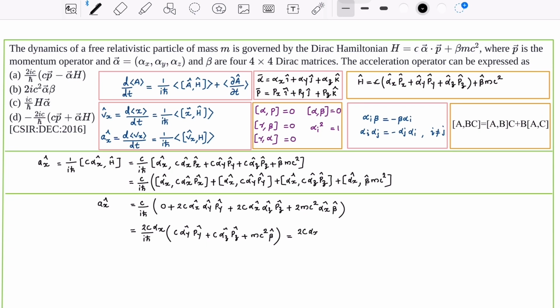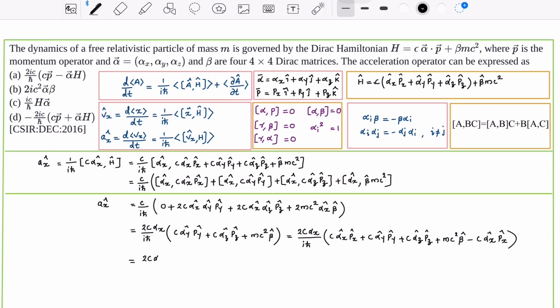This is equal to 2c alpha x by i h bar, then c. We can add and subtract alpha x px. So within the bracket we have c alpha x px plus c alpha y py plus c alpha z pz plus mc square beta minus c alpha x px. Here we have added and subtracted c alpha x px.